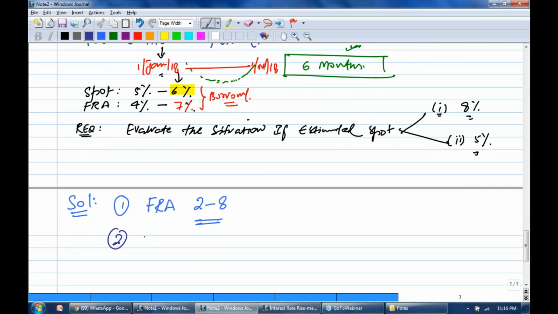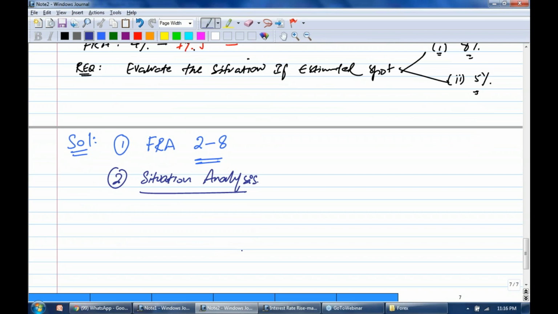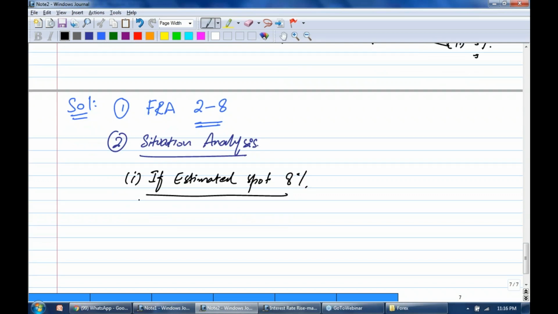Number two, situation analysis. Number one, if estimated spot 8%, means number one, as you must have to remember that spot market is different and FRA is different.